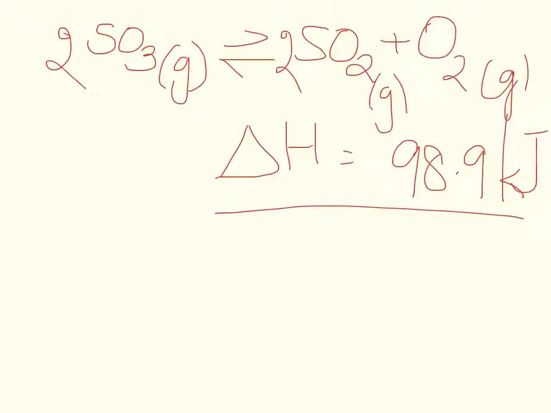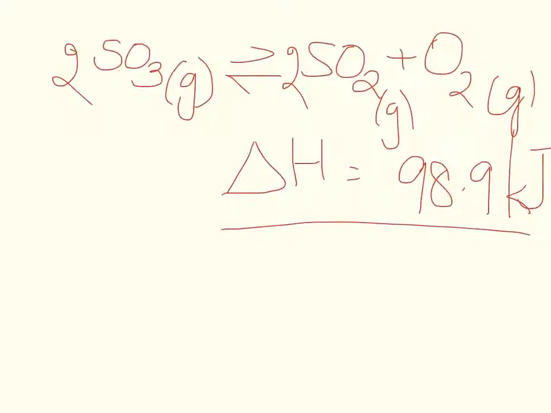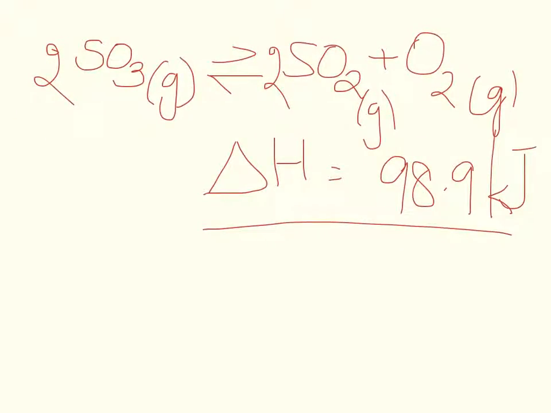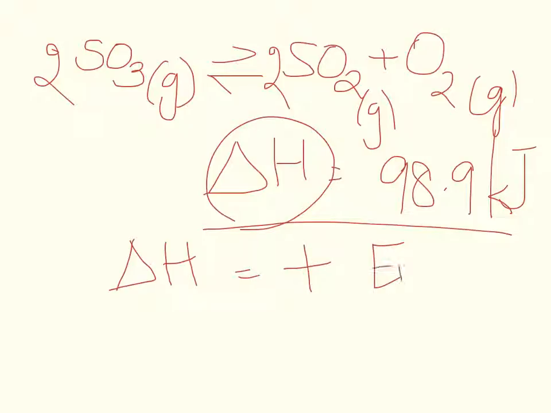Now what does this delta H mean? Delta H is the information about energy changes in the reaction. So if delta H is a positive number like this one here, it's an endothermic reaction.